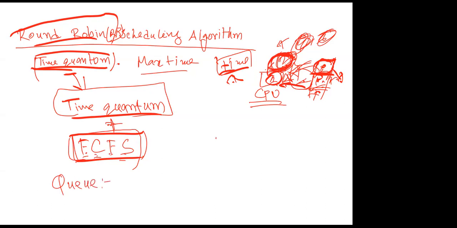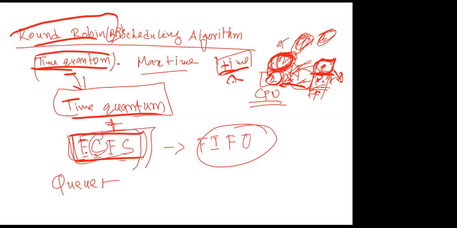A queue is nothing but first come first serve, also known as FIFO, first in first out. In the operating system it is considered FCFS, while in other data structures the queue is known as first in first out. They are almost equivalent.